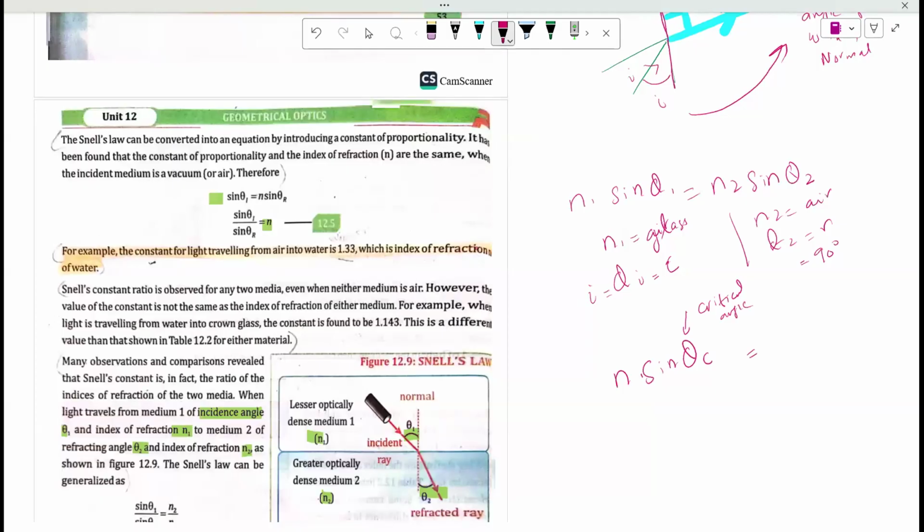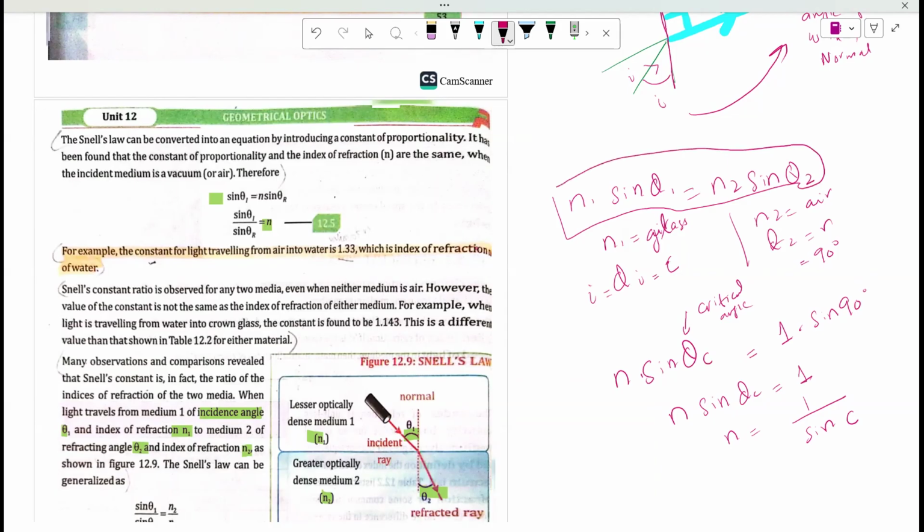The value of n for air is 1 and the refracted angle is making an angle of 90. So we have n sine theta c is equal to 1, and n is equal to 1 over sine c, जो multiple जगहों के ऊपर लिखा हुआ होता है. ठीक है?